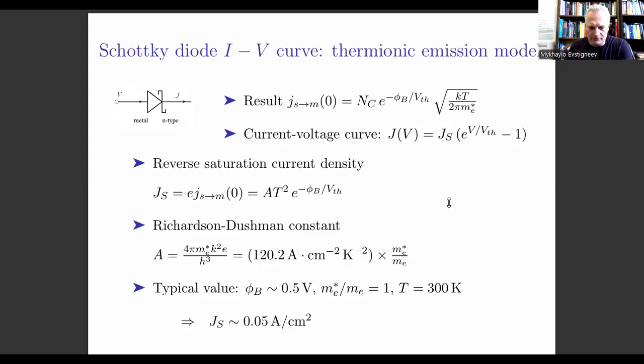All right, so the reverse saturation current density turns out to be proportional to the temperature squared. It contains a factor exponential to the power negative Schottky barrier divided by the thermal voltage. And the proportionality constant is called the Richardson-Dushman constant. It is obtained by combining everything else in this formula.